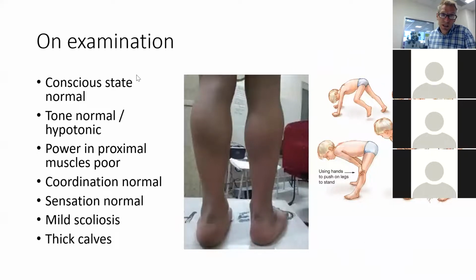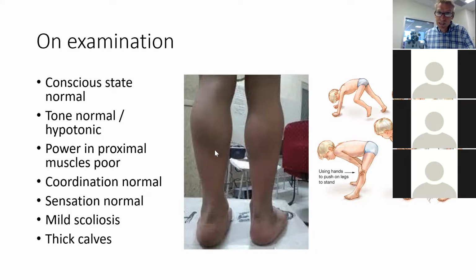So this boy, on examination, had a normal conscious state. As I said, his tone was normal or a bit floppy in his legs, and in his proximal muscles, his power was very low. His coordination was normal. His sensation was normal to the extent that could be done. And he had a mild scoliosis, a mild curvature of his spine.